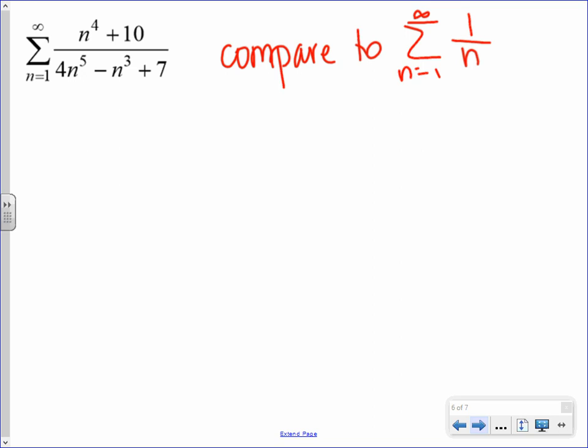Now we know what's going to happen when we take that limit. What do we know about 1 over n? A divergent p-series. It is important to make the classification whether the series you are comparing to diverges or converges. That way you know what to do in your conclusion.